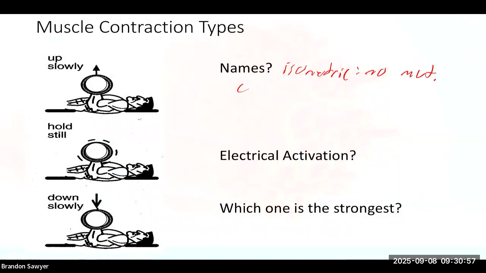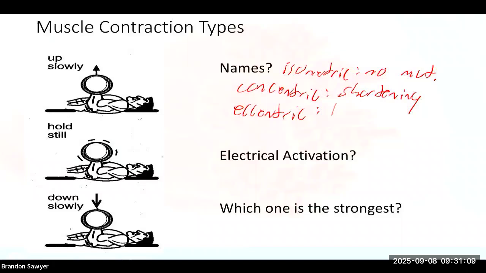We have concentric, which is shortening. And then we have eccentric, which is lengthening. Right, so those are kind of our 3 types of muscle contraction.